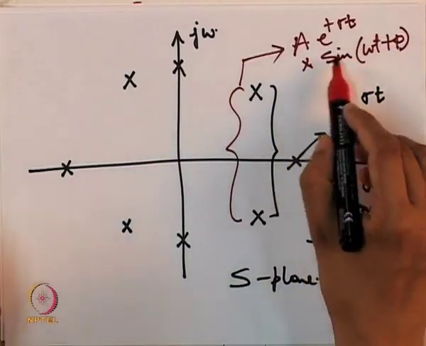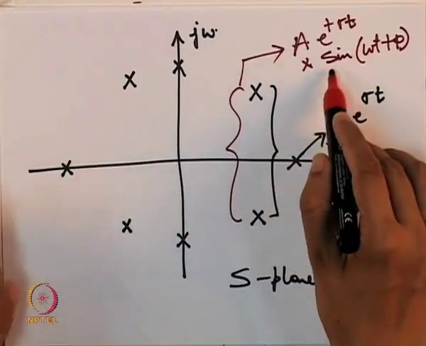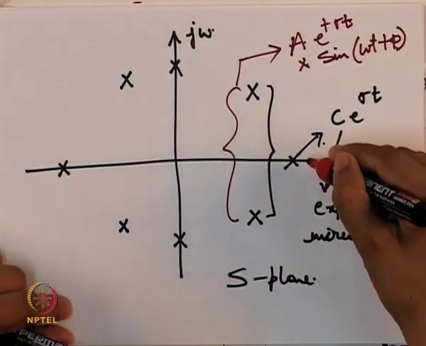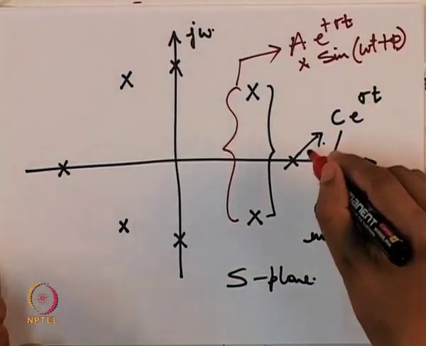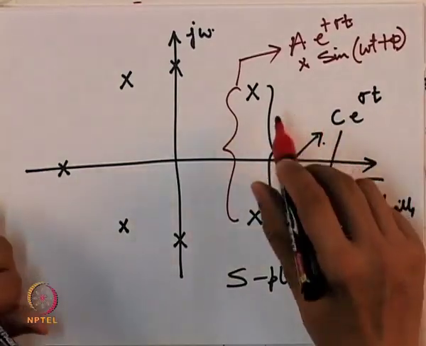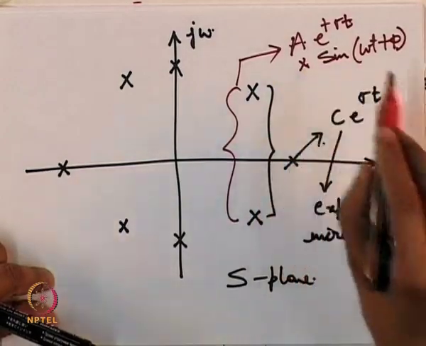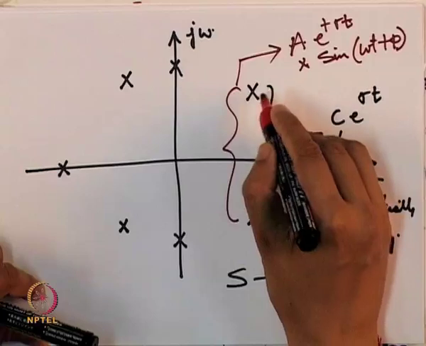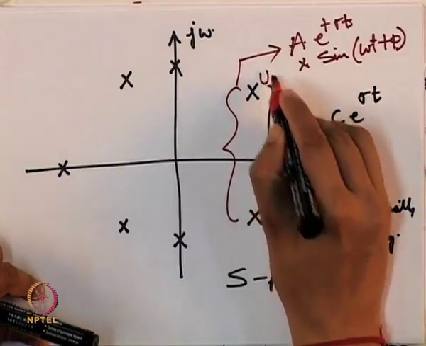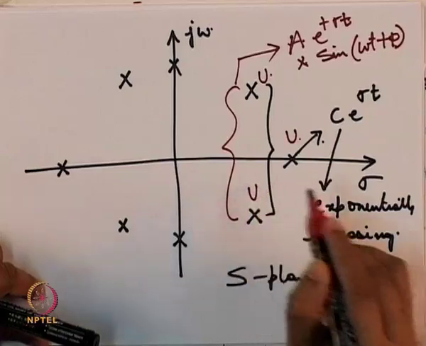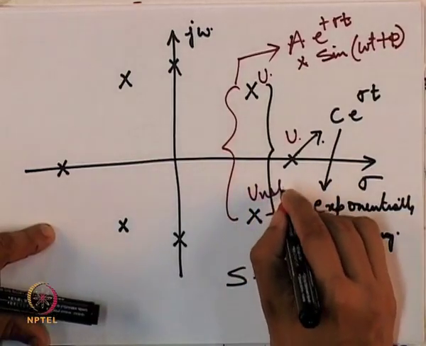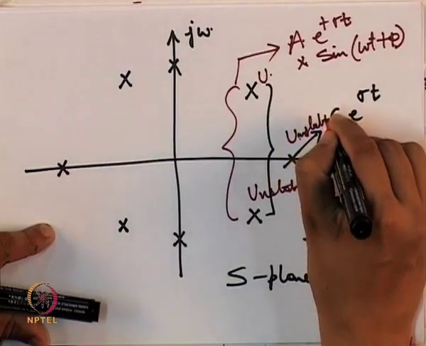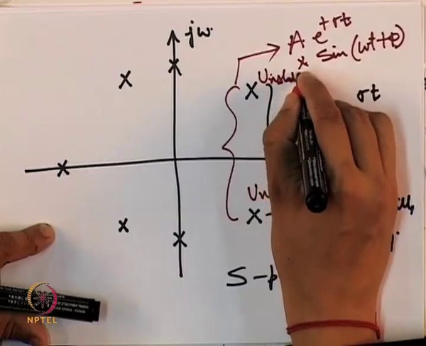This is also exponentially increasing, except that in this case the exponentially increasing function is a sinusoid, whereas here it was straight away exponentially increasing. So here also, since the output goes on expanding unchecked, all these three represent unstable. I will just write unstable, this is unstable, this is also unstable.